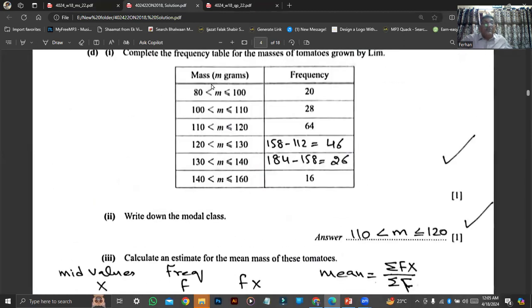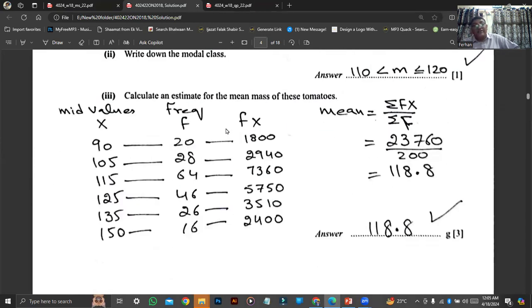So the mid value for this class will be 90. For this class, it is 105, then 115, 125, 135, and for the last class, 150.